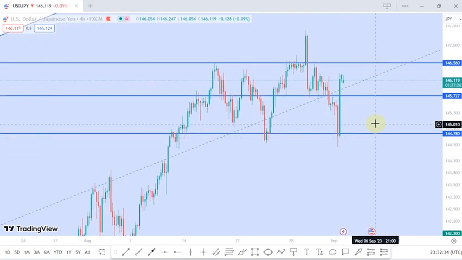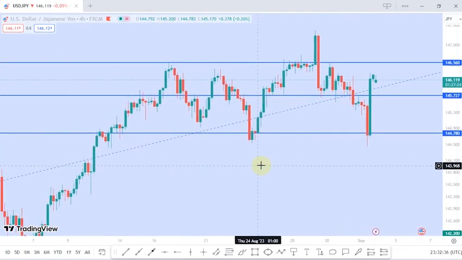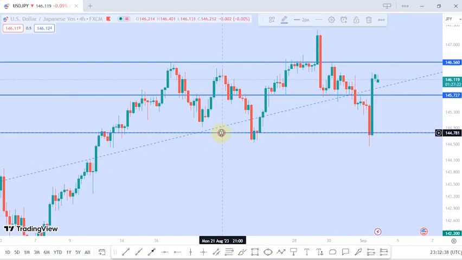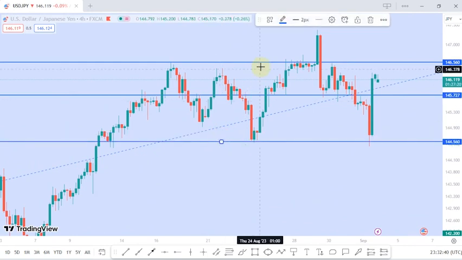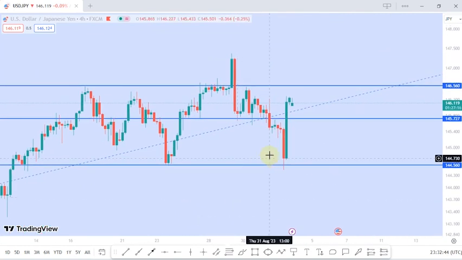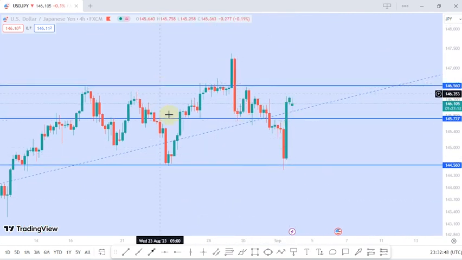This is pure consolidation. If I adjust this and this is another, so this is what we expect. You can't do anything right now while price is between this top support and resistance level and the one below.